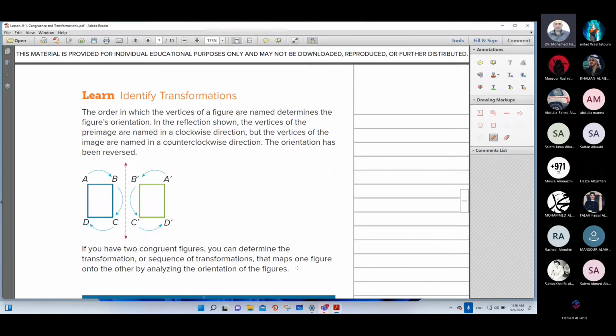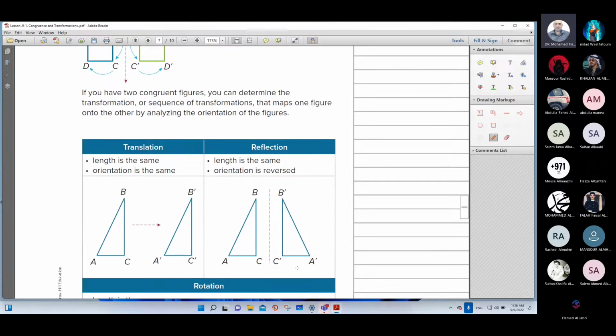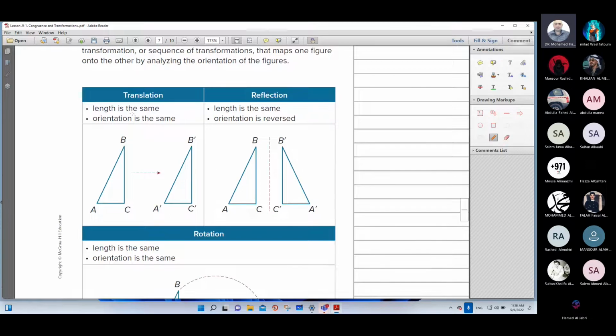The second idea in this lesson: identify transformation. Listen here. When you have translation, it means the length is the same and the orientation is the same.